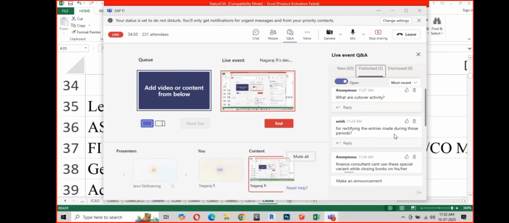And another interesting point. The rectification or the reversal cannot be done on your own. Suppose I am a clerk in the AR department. There is some error while entering the data and I have saved the transaction in SAP.